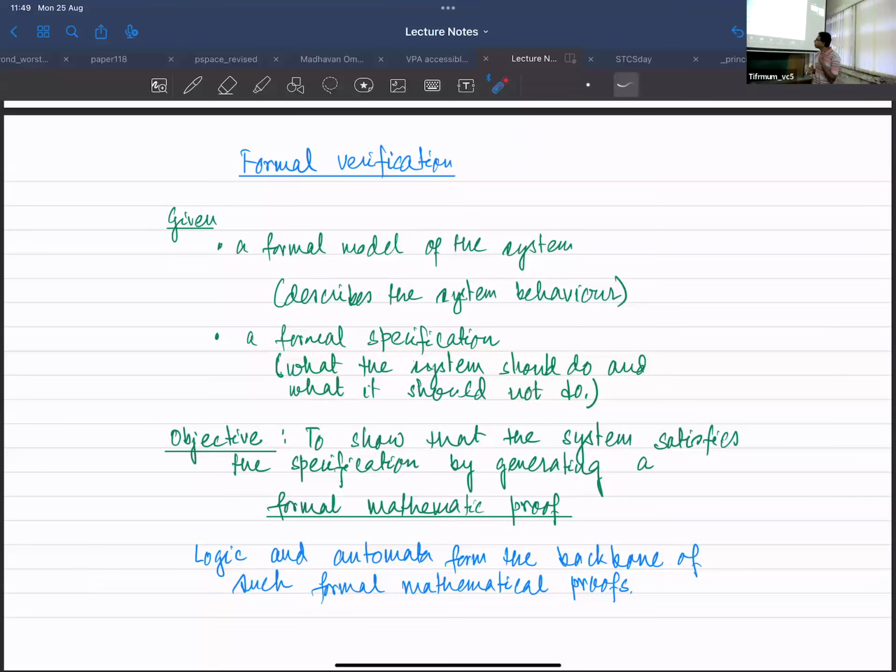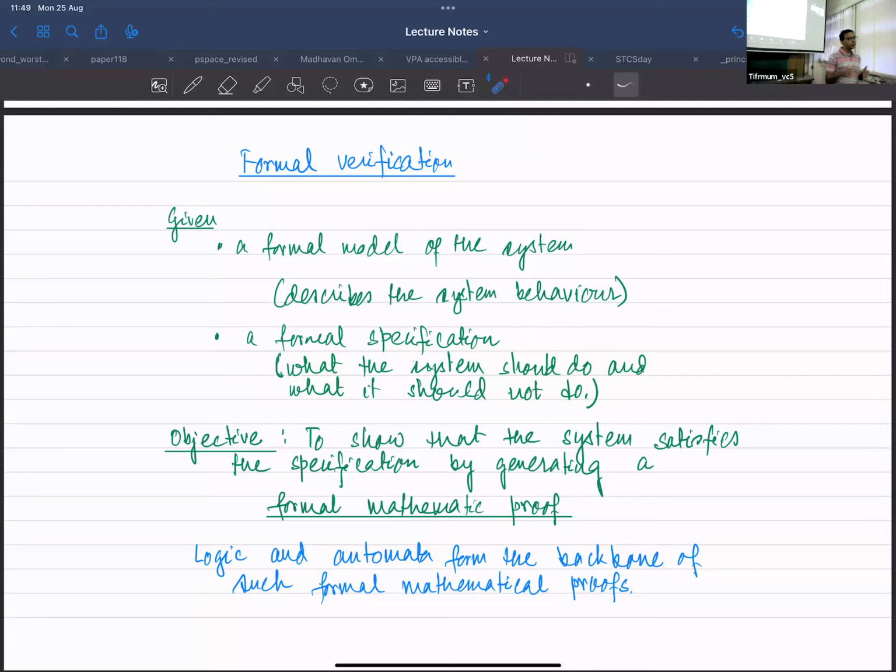And how is the formal specification given? It's usually given in the form of a logic formula, because we want to formalize things. It cannot be in a language which we speak on a daily basis.